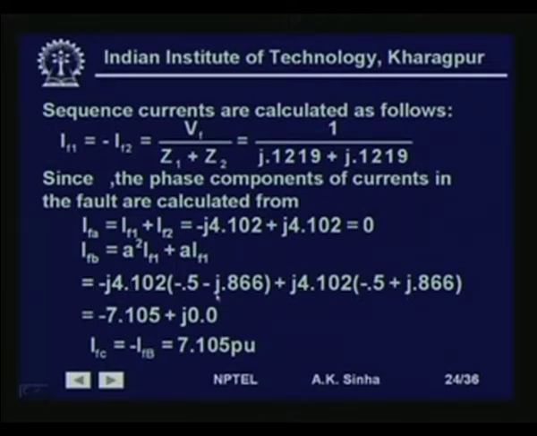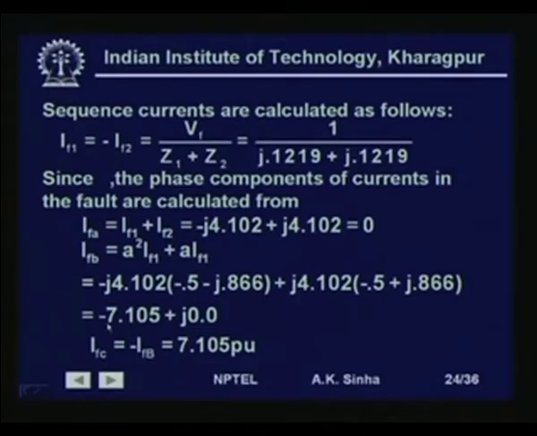So, when we add this up, we will get this as equal to minus 7.105 plus j 0.0, and since Ifc is equal to minus Ifb, therefore, this is equal to 7.105 per unit. So, we can calculate the phase currents in phase A, B and C for the line to line fault, which has occurred between phase B and C. The fault currents, as we see here, are 7.105 per unit, or 7 times the rated current on the system.